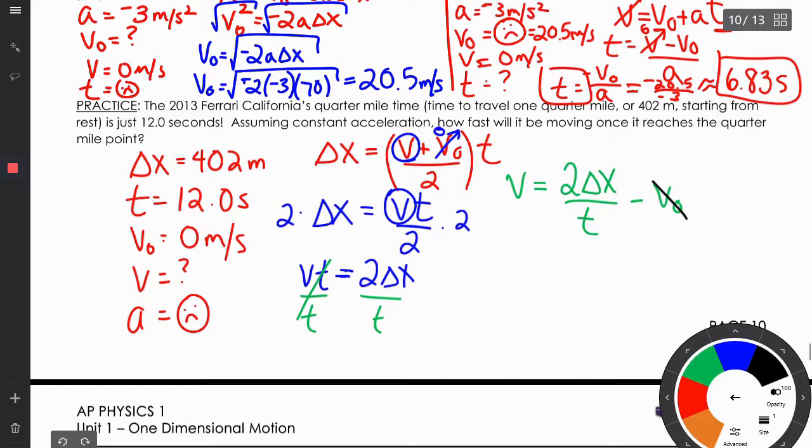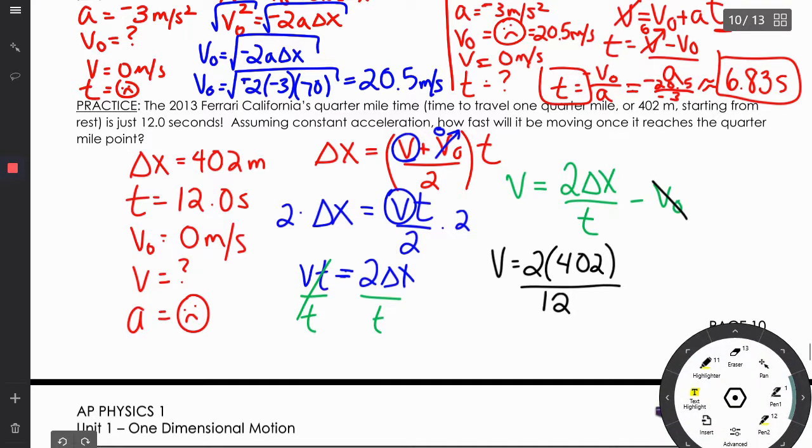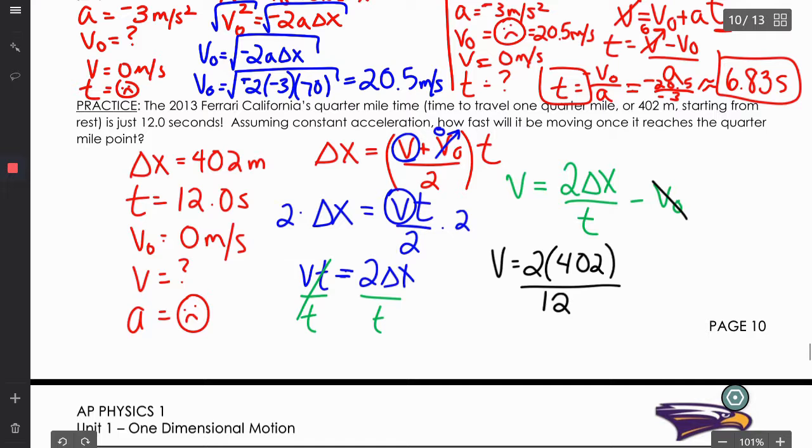So we do v equals 2 times 402 divided by 12, because that's how long it took. All right, so 2 times 402 divided by 12 would give us 67 meters per second. Now, I know some of you are like, that's not fast, but if you convert that to miles per hour, it's about 150 miles per hour.